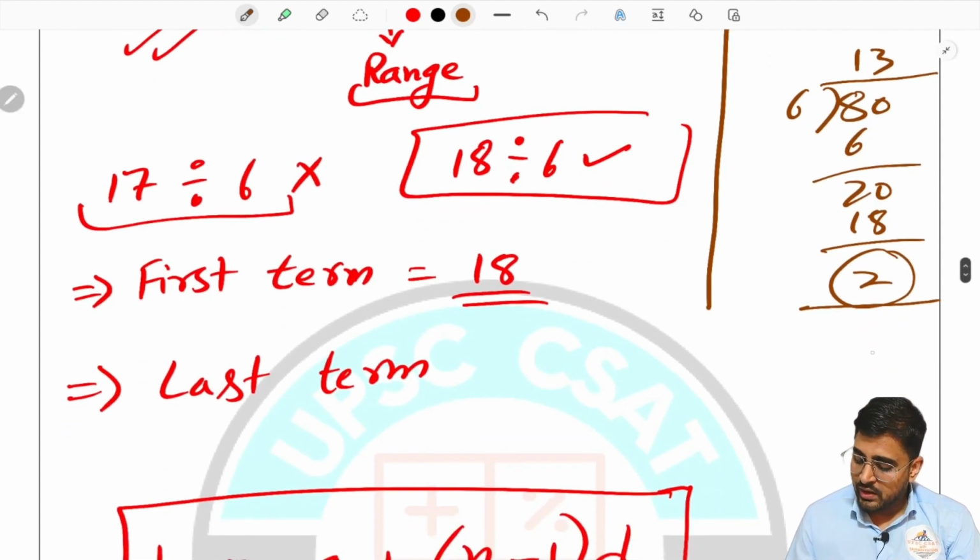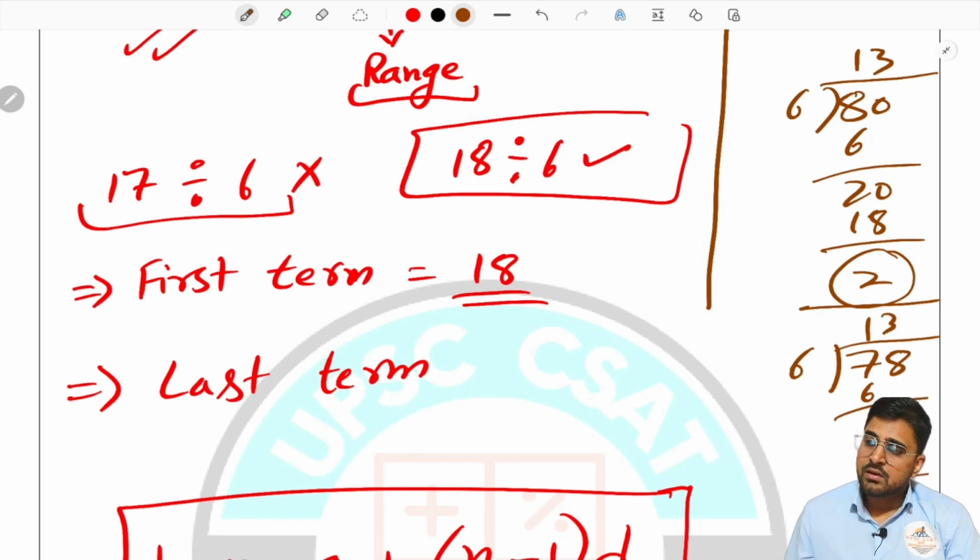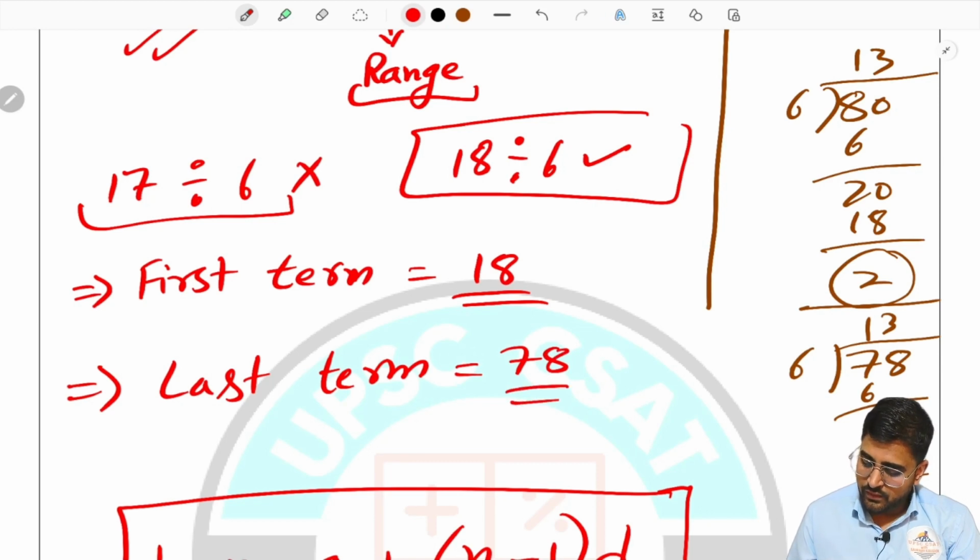See, 80 minus 2 becomes 78. 6 times 13 is 78, which means yes, it is going to divide fully by 6. So the last term will be 78. So we found the first term and the last term.